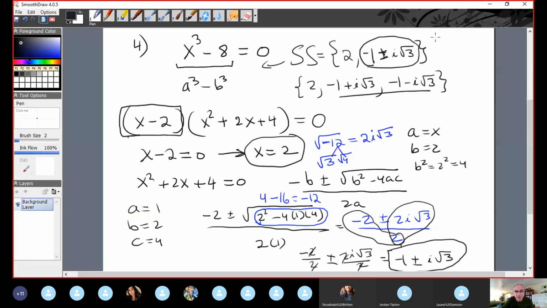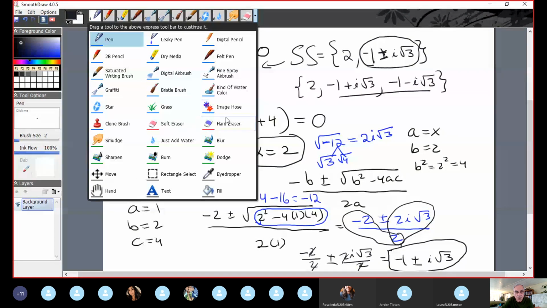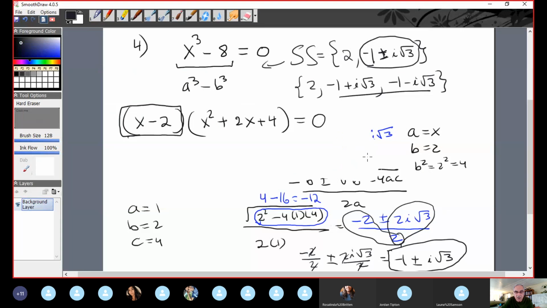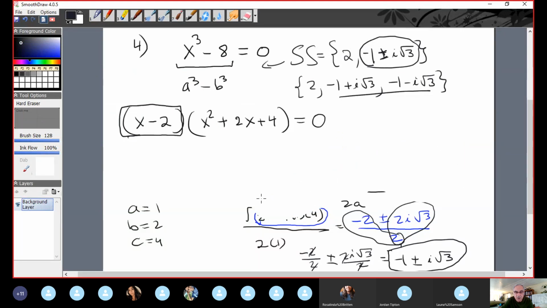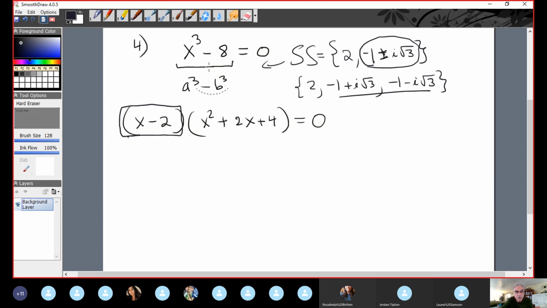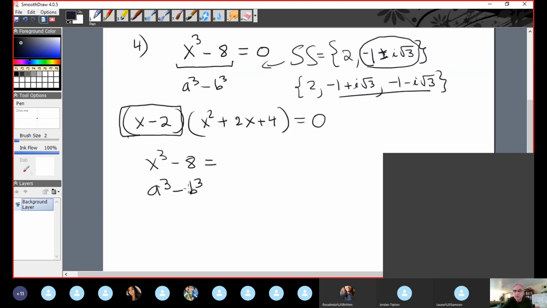Unfortunately, I erased that part, but okay, I want to repeat it for you. Look, I start, okay, this is my original expression. I realize that this looks similar to the difference of cubes.